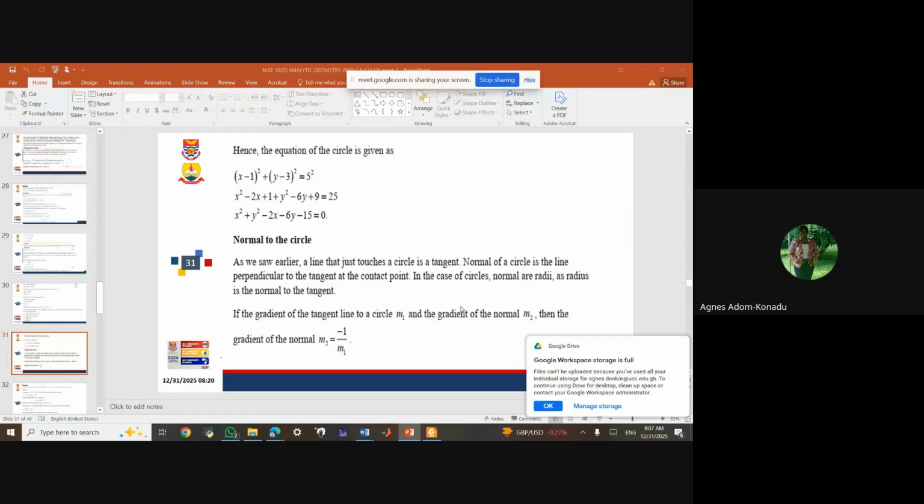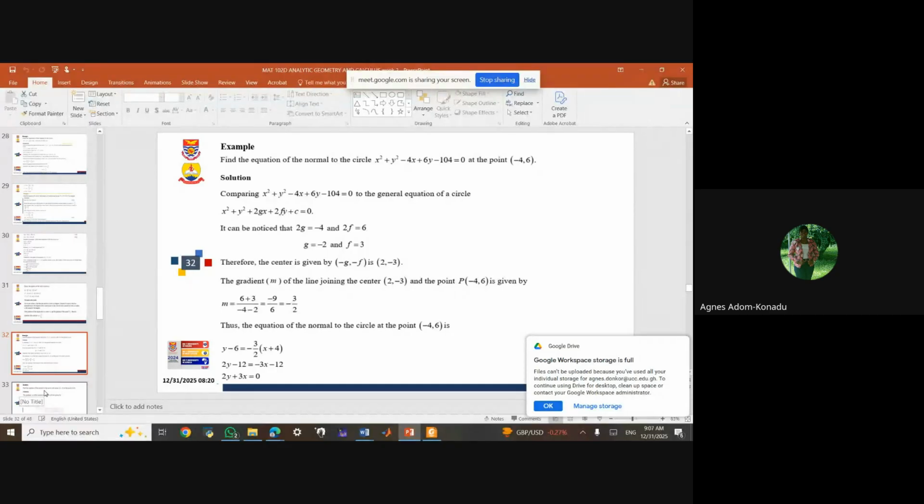So when we talk about the normal to the circle, we are talking about the radius. If the gradient of the tangent is m1 and the gradient of the normal is m2, then m2 is equal to the negative reciprocal of m1.